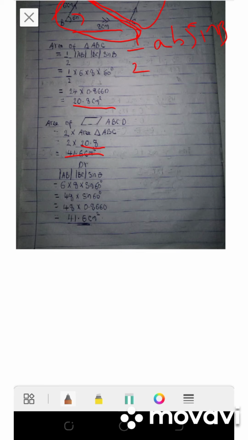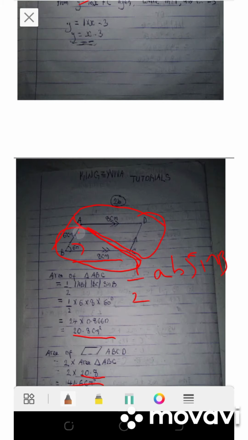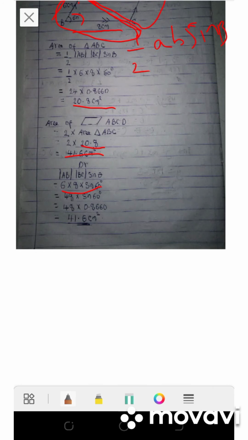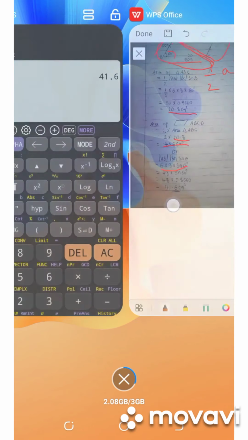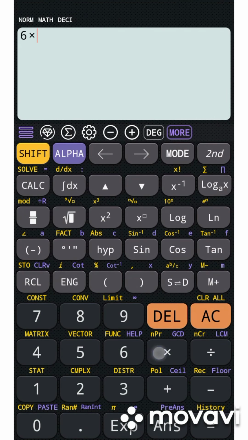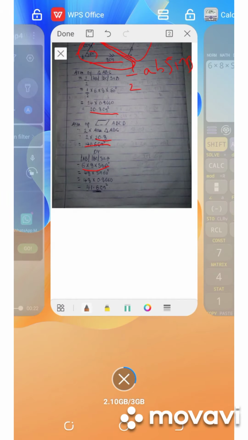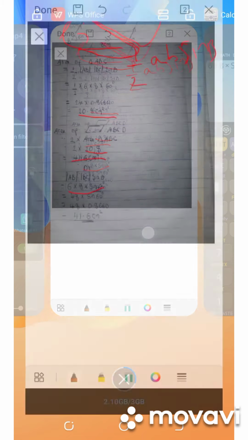That becomes line AB, which is 6, times line BC, which is 8, times sine 60. 6 times 8 times sine 60 will give me 41.59, approximately 41.6 cm square, as we had before.